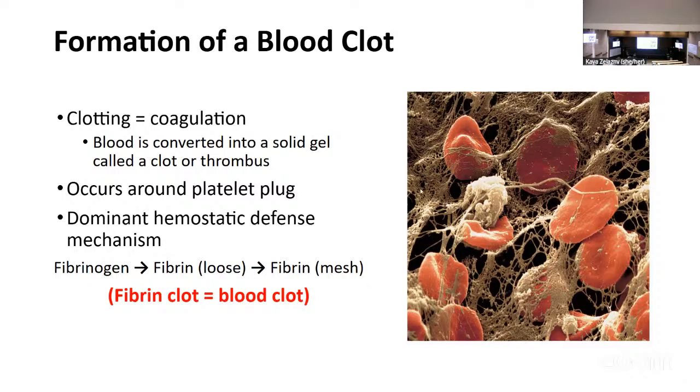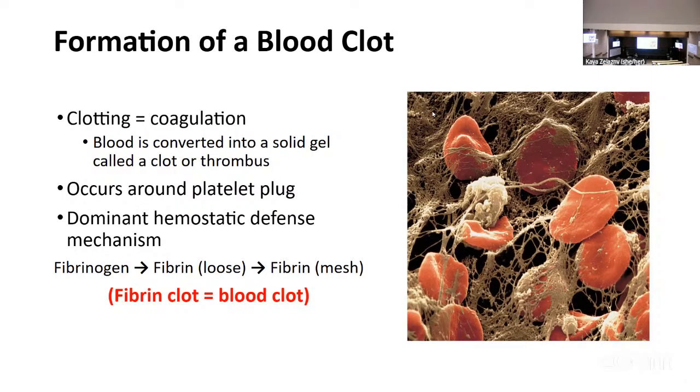We're going to try to form this kind of meshwork that traps some red blood cells, covering over that injury site better. Okay. So to do this, what we're talking about is clotting, but we're going to use the word coagulation, and we're going to be seeing some of these clotting factors or coagulation factors as we go through the next couple of slides.